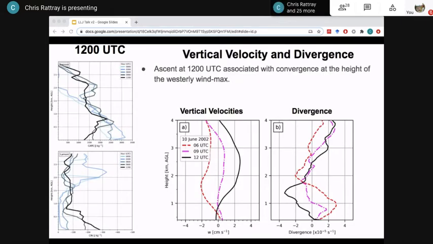When looking at the vertical velocity and divergence, we only start getting ascent at a later time, and this is consistent with the westerly jet taking place later at this site.